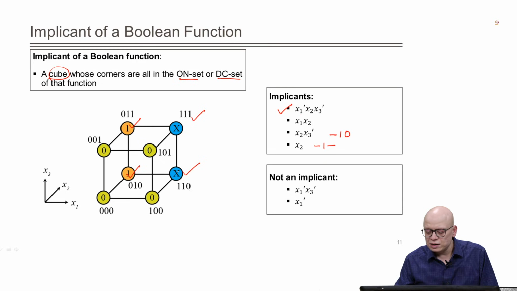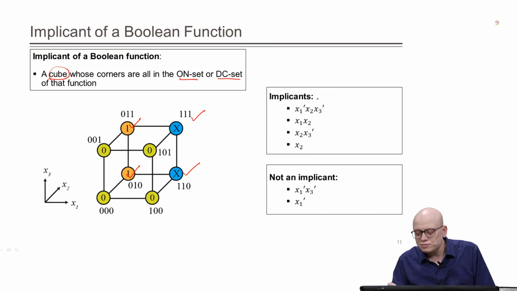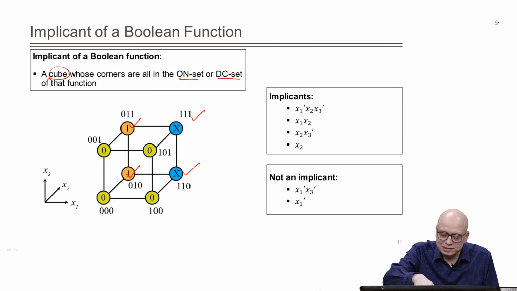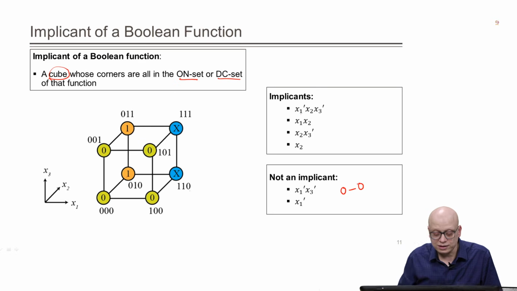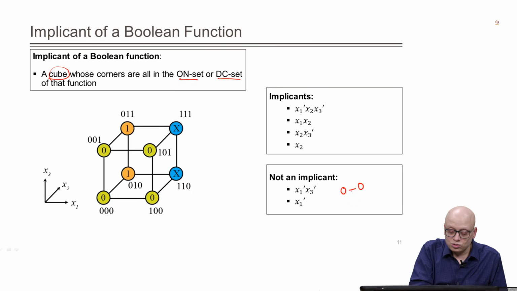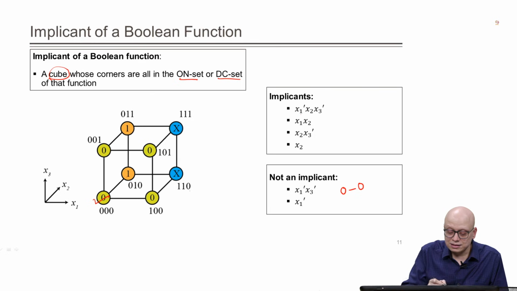Now, let us take a few examples of a cube which is not an implicant. For example, let us look at the cube x1 bar x3 bar, meaning that x1 takes a value 0, x2 is not appearing so it can take any value, and x3 takes a value of 0, right. So, this corner and this corner.